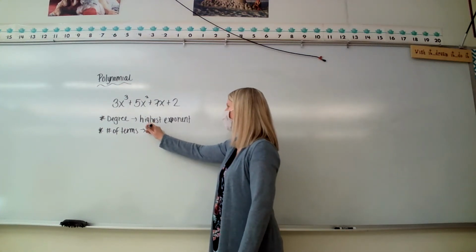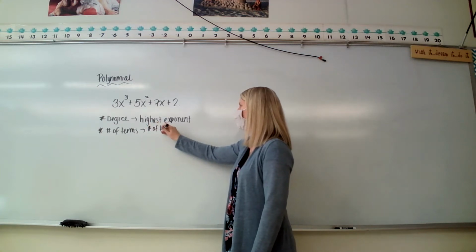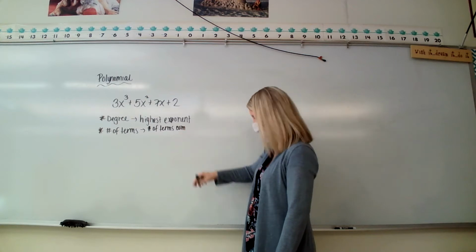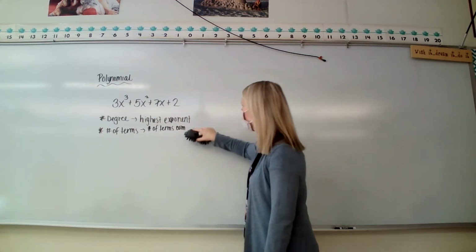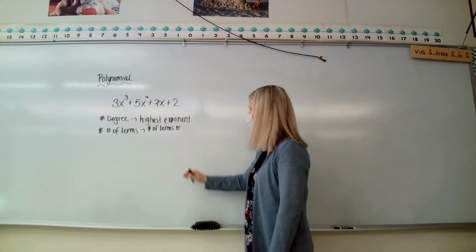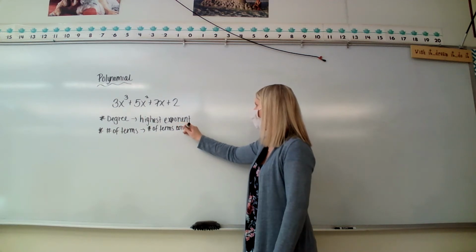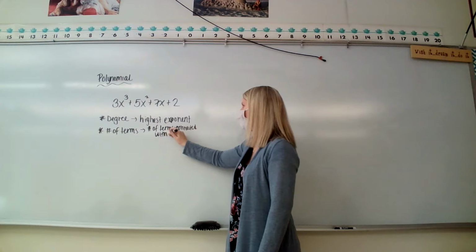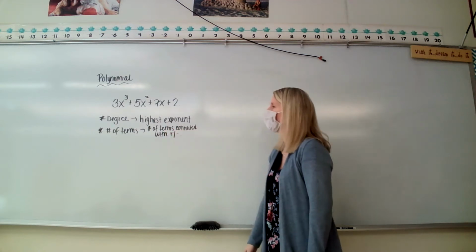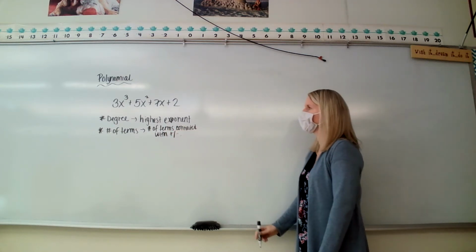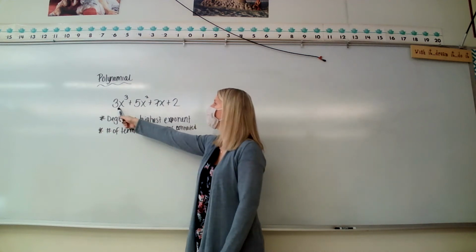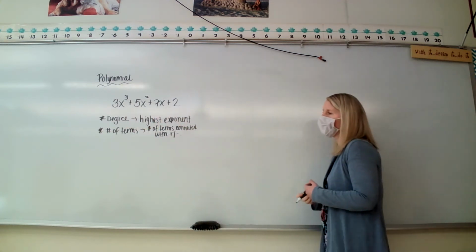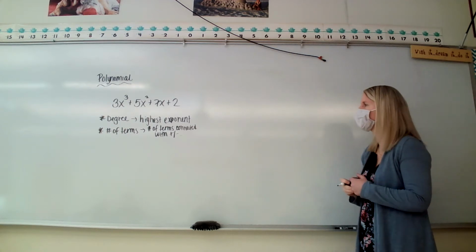But I'll write number of terms connected with addition or subtraction. So if I were to look at this, I would say, well, how many terms are there? Well, how many things are connected? You have 1, 2, 3, 4. So that would be a polynomial with 4 terms.